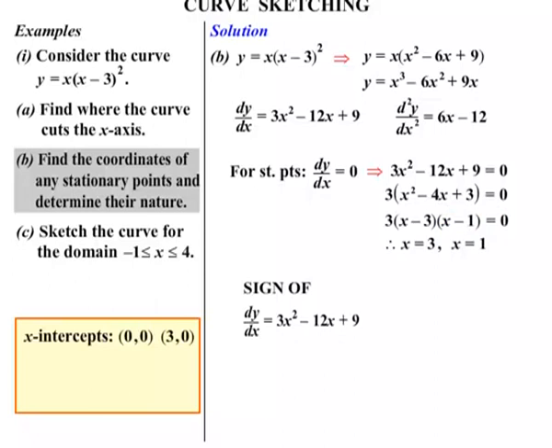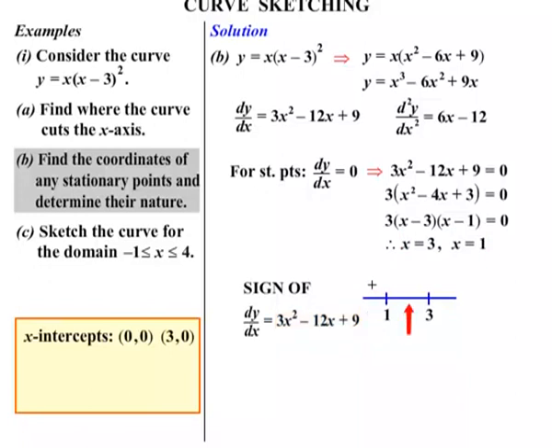Now we're going to check the sign of the derivative to help us determine whether they are maximum or minimum turning points. So a little diagram here. We're checking around the x values 1 and 3. Now we pick a value of x on this side of 1. Let's say x equals 0, the easiest number to work with. We substitute in, and we get a positive result.